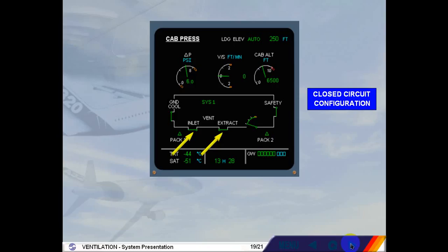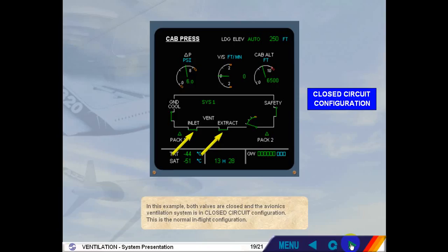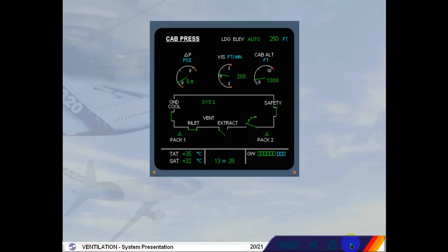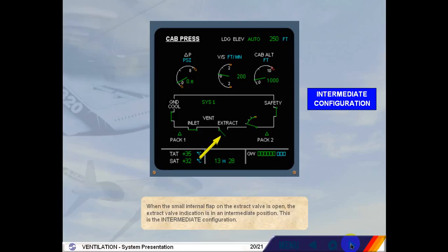This is the normal in-flight configuration. When the small internal flap on the extract valve is open, the extract valve indication is in an intermediate position. This is the intermediate configuration.